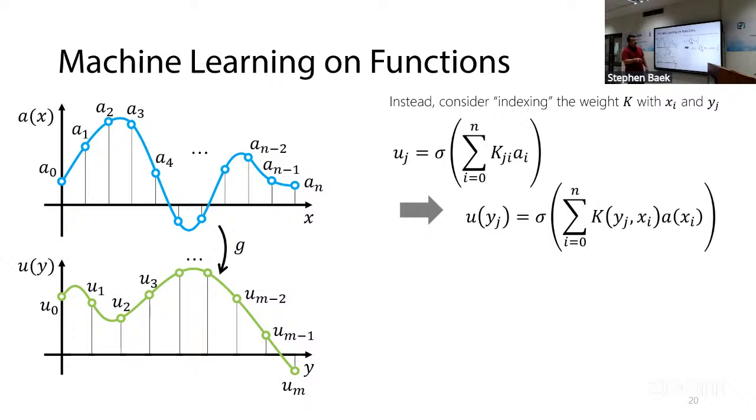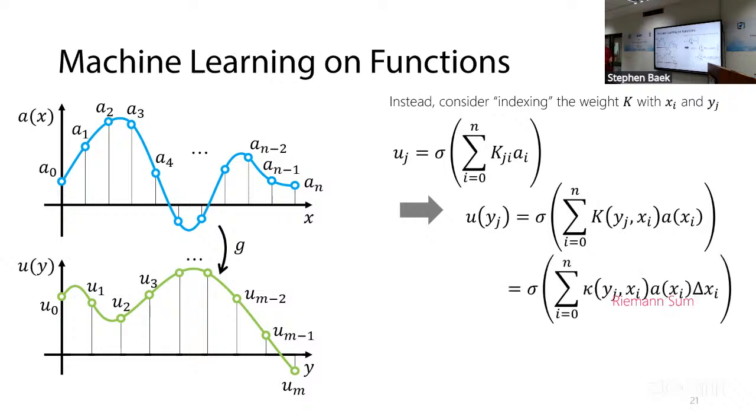So even if the discretization changes, since k is a continuous function, a kernel, that correlates the input x and the output y, in theory you can have any kind of arbitrary discretization and still make this work.